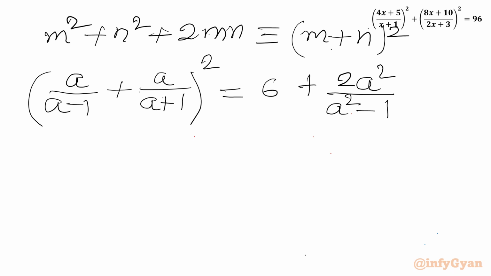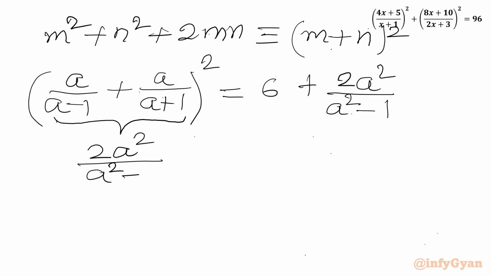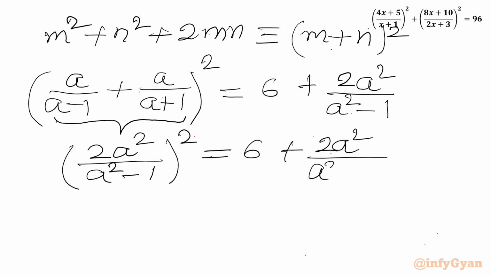Now we have to simplify, take LCM. So I can get a square plus a square. So I can write directly 2a square over a minus 1 times a plus 1, a square minus 1 whole square. This will be equal to 6 plus 2a square over a square minus 1. Take all the terms to LHS, or we can consider substitution here. Let's say this bracket is m. So here also we can write m.